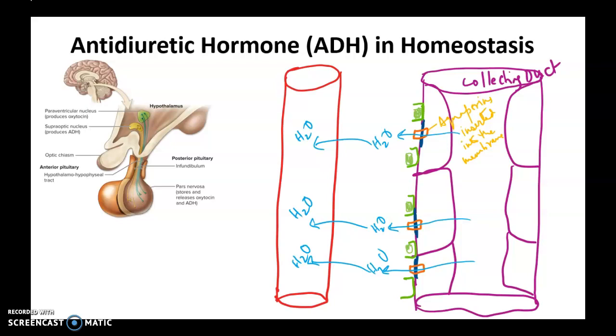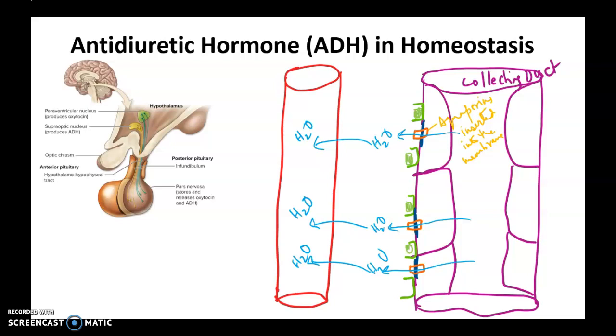The antidiuretic hormone then travels all the way to the kidneys and it binds to specific receptors on the surface of the collecting duct. This causes certain vesicles within the cells that line the collecting duct to fuse with the membrane and insert aquaporins or water channels onto the surface of the collecting duct.